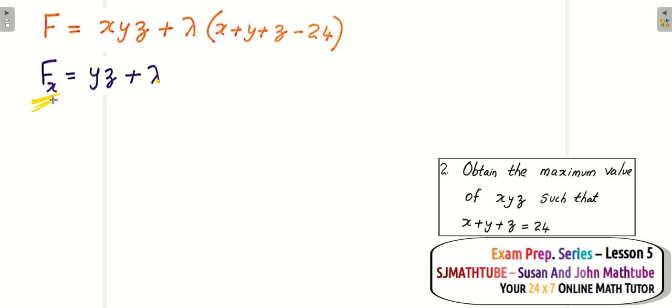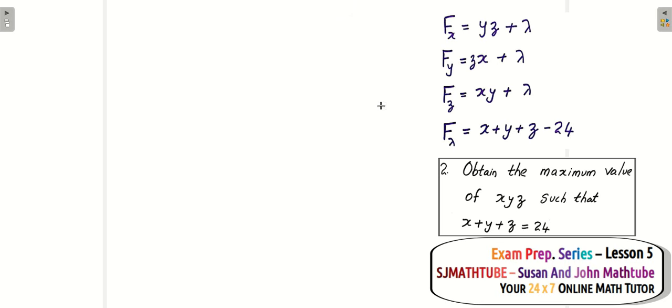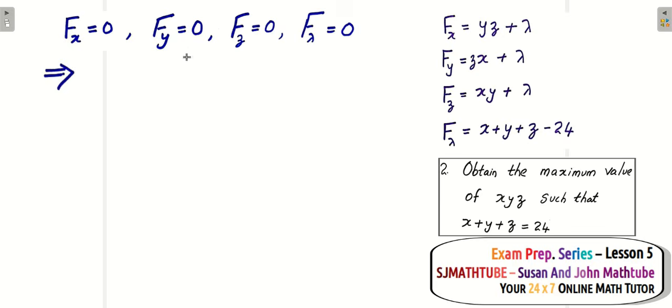When you differentiate with respect to x, y and z are treated as constants, so you end up with yz into 1 plus lambda into 1 plus 0 minus 0, and the same thing for the others. And for f lambda, lambda is the only variable, so this part will vanish and this will be a constant, so constant into 1. Now equate all these quantities to 0.